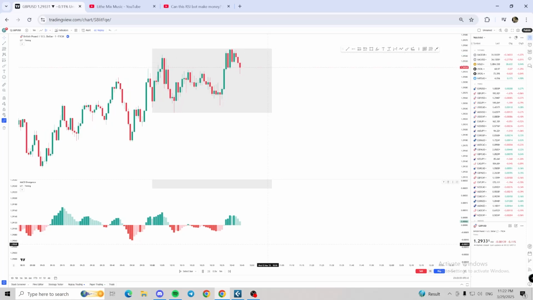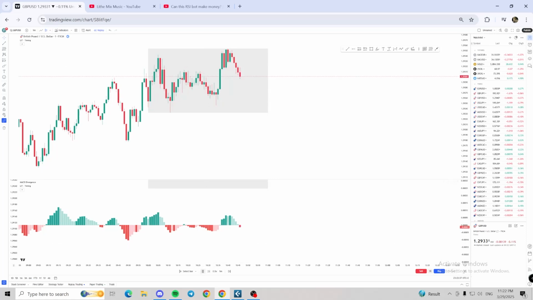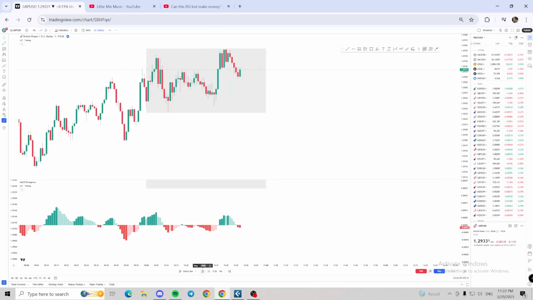Okay, so nothing yet. So here, as you can see, there is a divergence here. The higher high, lower high, and here we have divergence here.